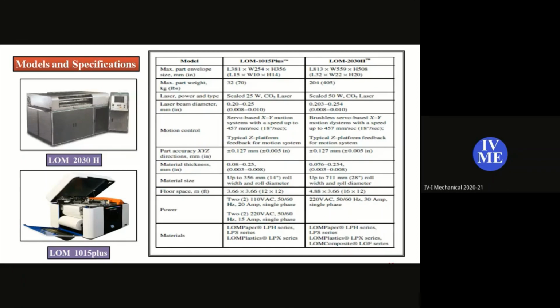So these are the models and specifications. The models are LOM machine 2030H, which is used for large prototypes, and another model, LOM machine 1015 plus, which is suitable for small prototypes.